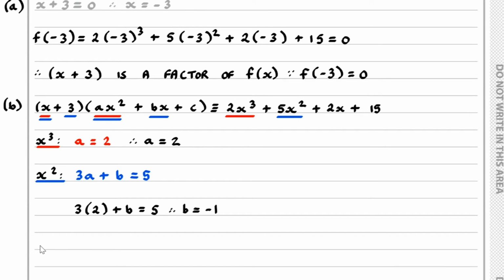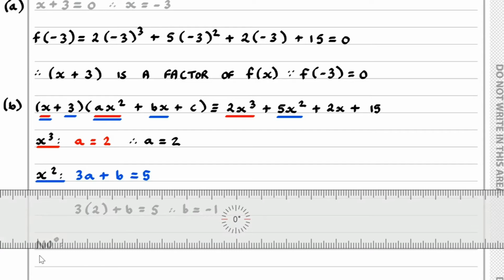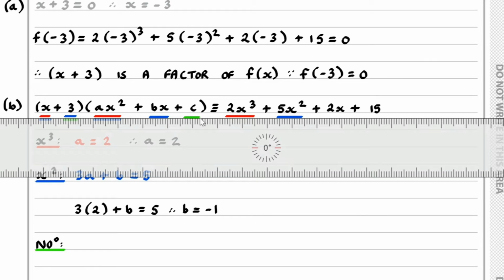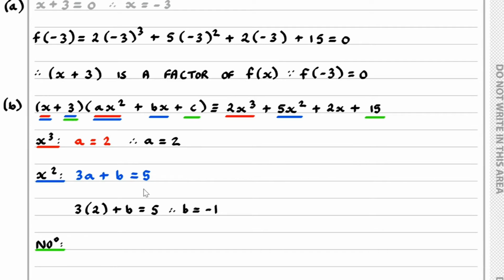And if we compare the number terms, on the left we have 3 of them being multiplied by c, and on the right we've got 15 of them. And so we have 3c equals 15, in which case we can conclude c is equal to 5.